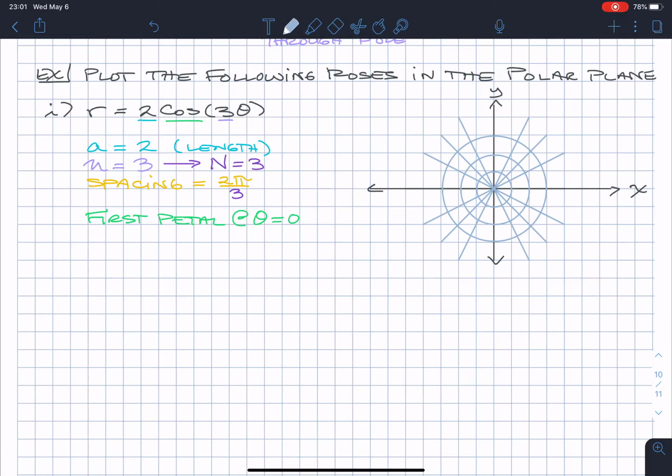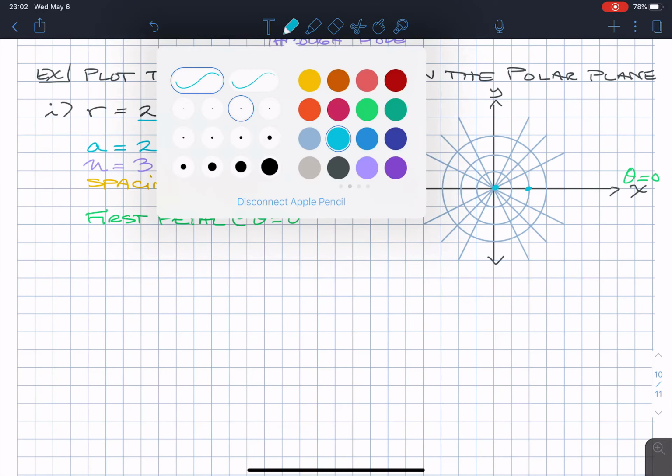My first petal of length 2 is along theta equals 0, the positive polar axis. I know I go through the pole. And the spacing is every 2 pi over 3 radians.